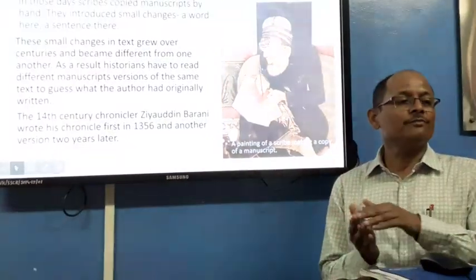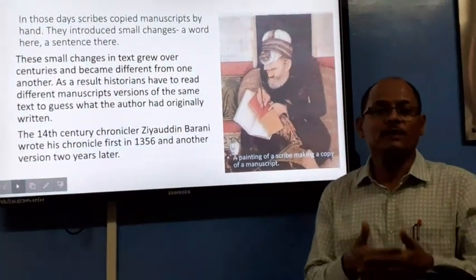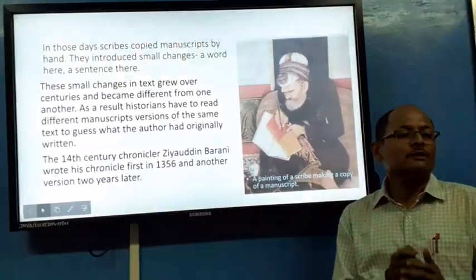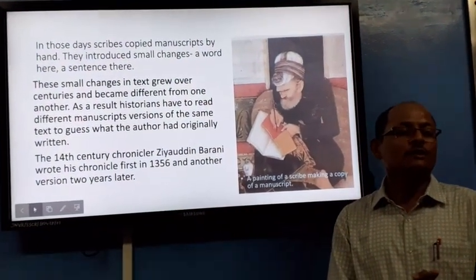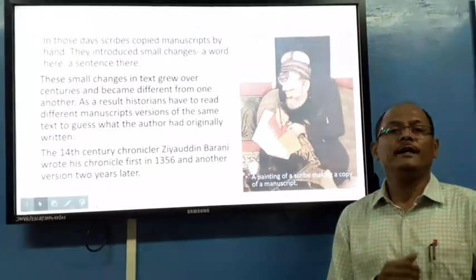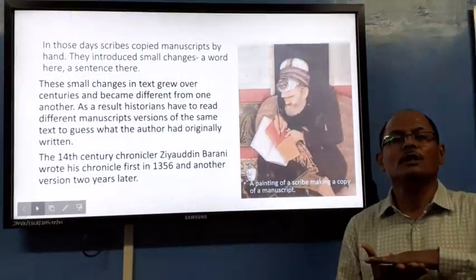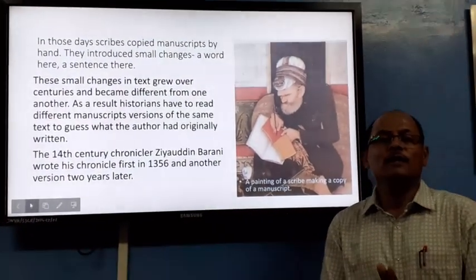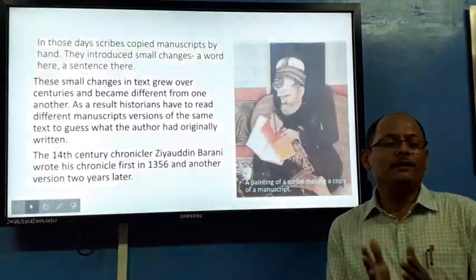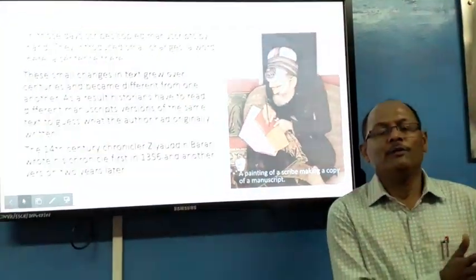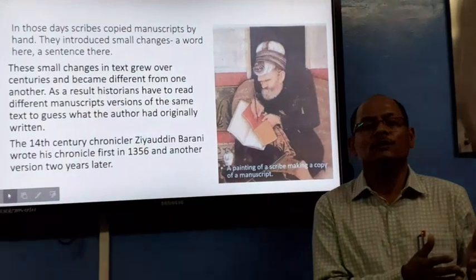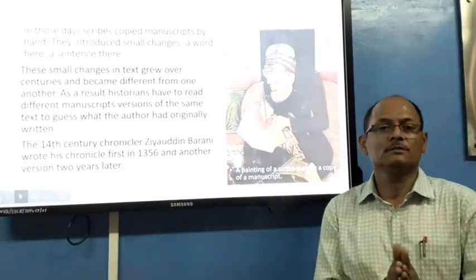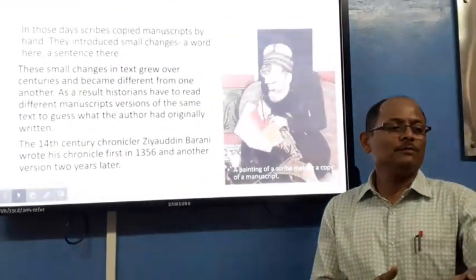But the historians found the second one first, and the first one, written in 1356, only in the year 1960, because it was in some of the large libraries. So they did not know about the first part of Ziauddin Barni's writings. So these were the problems.